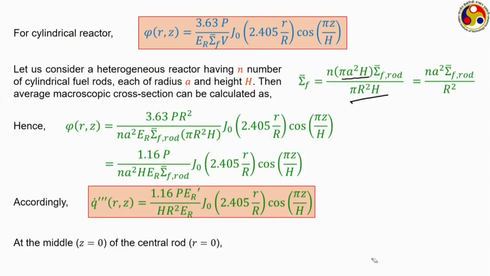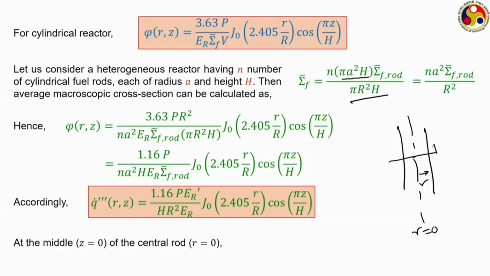So, say this is our reactor, the cylindrical reactor, and this is the central line. We are taking this as a coordinate system. So, center line refers to r equal to 0. In the vertical direction also, let us take the middle of the cylinder as the coordinate system.